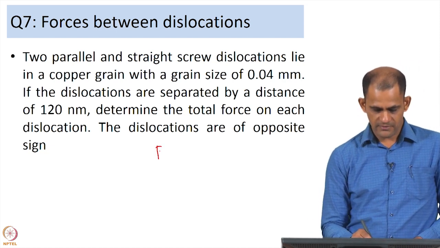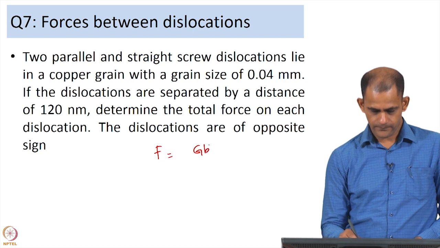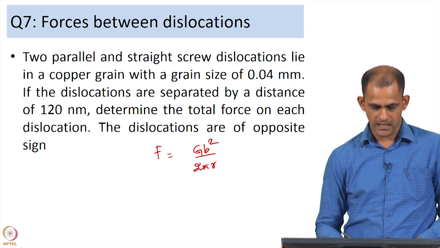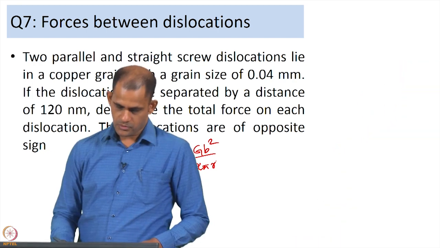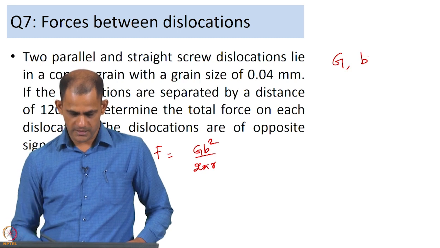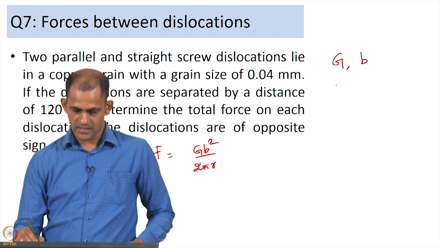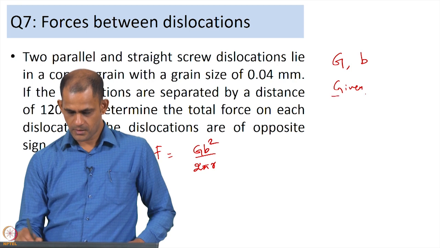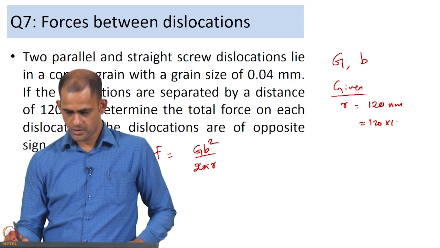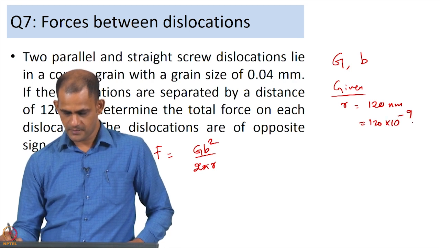So, the force is given by G b square by 2 pi r. For copper we need to know G and the Burgers vector b. What is given is the distance between the dislocations, which is 120 nanometer, that is 120 into 10 to the power minus 9 meter.